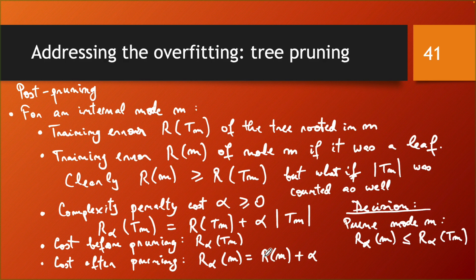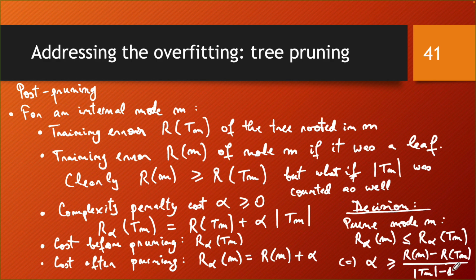And if you just do the math in here, that's going to be equivalent to: you decide to prune this node if alpha is at least as large as R of M minus R of Tm, divided by the size of Tm minus 1.